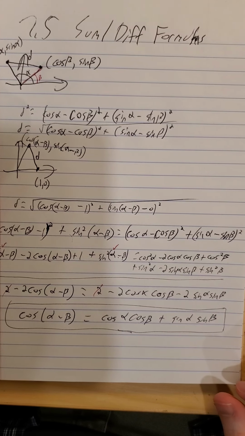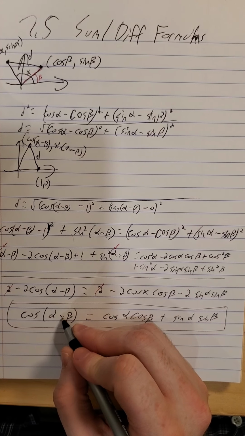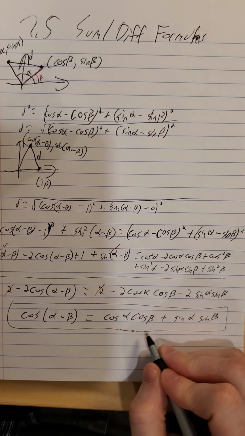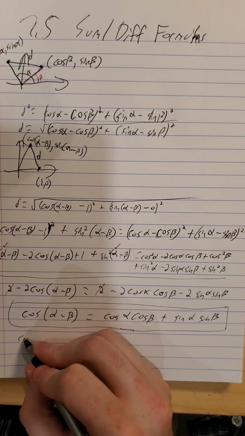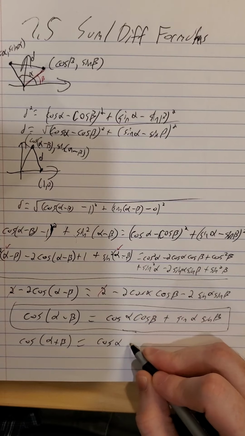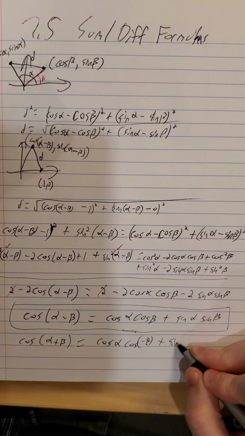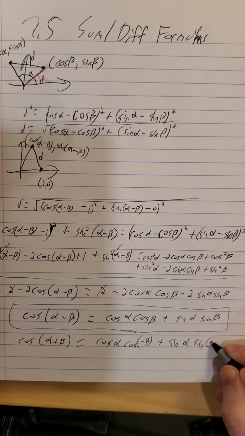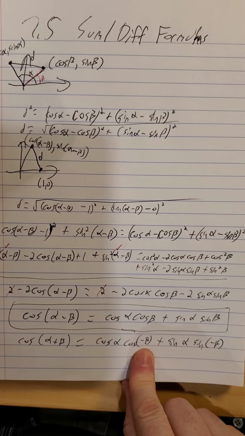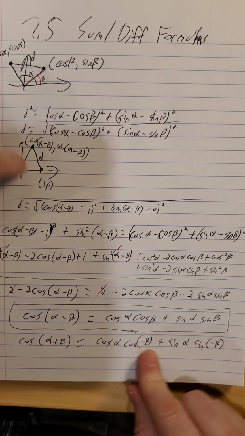Now we can also get a sum formula out of that by just replacing the minus beta with a plus beta, which will flip the signs on these two betas. So cosine of alpha plus beta is cosine alpha cosine of the opposite of beta plus sine alpha sine of the opposite of beta. If we flip a cosine and turn the angle down instead of up, the x value stays the same.